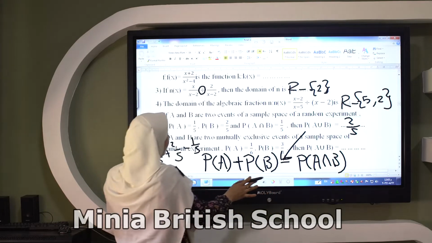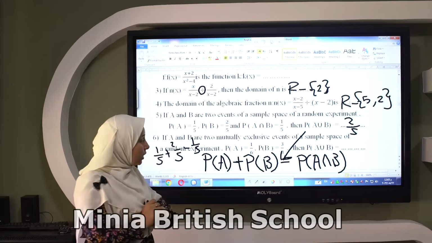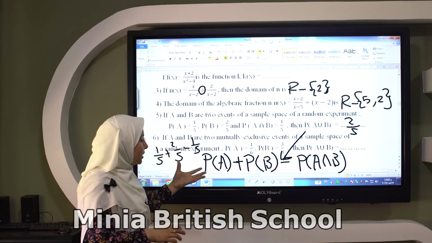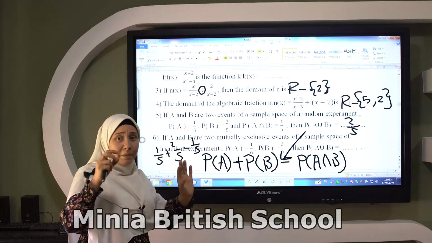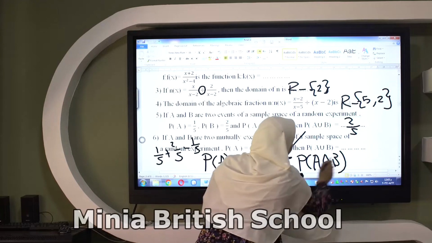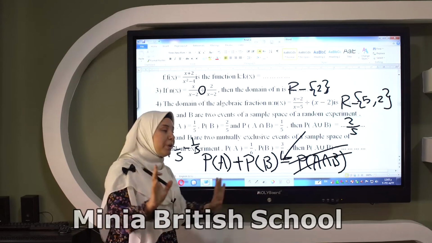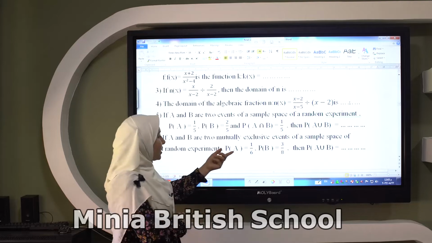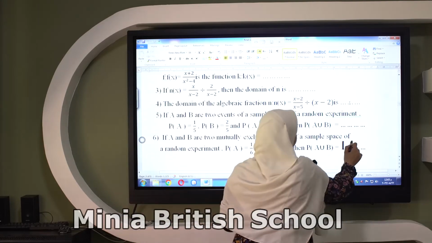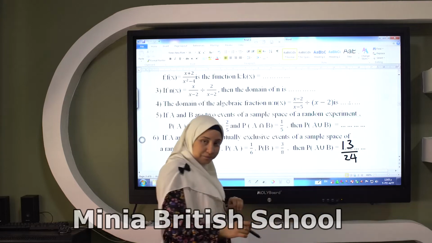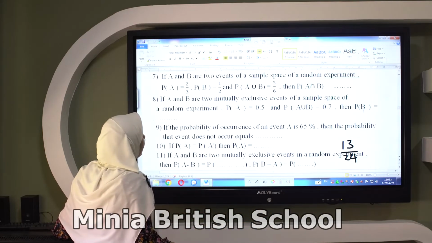But the same rule: A and B are two mutually exclusive events of the sample space of a random experiment, and you have the probability of A and the probability of B. Only mutually exclusive, so you use only the rule probability of A plus probability of B. So 1/6 + 3/8 equals 13/24. Letter number 7.